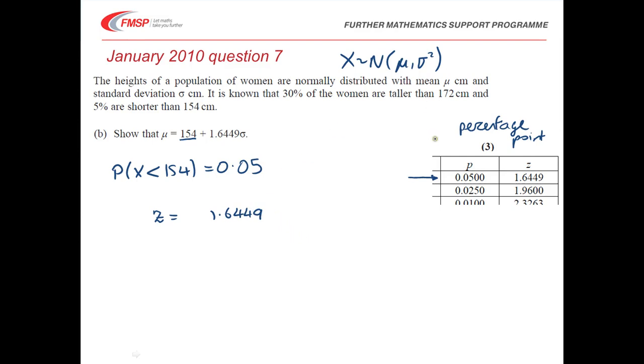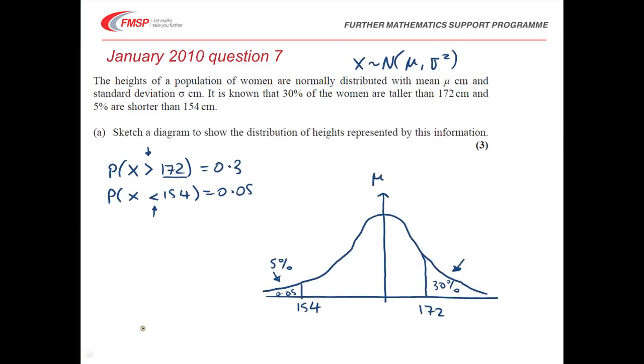But you need to recognize, if you go back to your picture, we're definitely on the left-hand side of the mean. If you're on the left-hand side of the mean, that means that your z value will be a negative value.